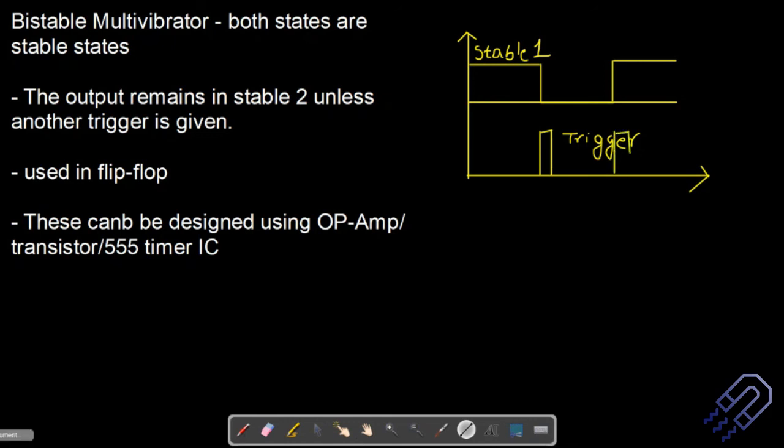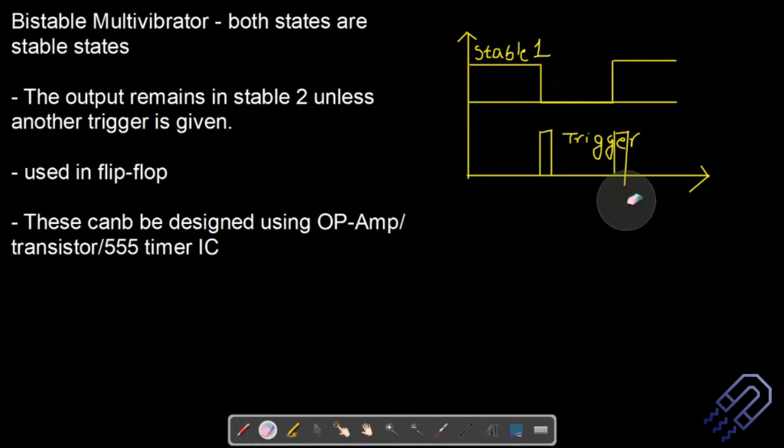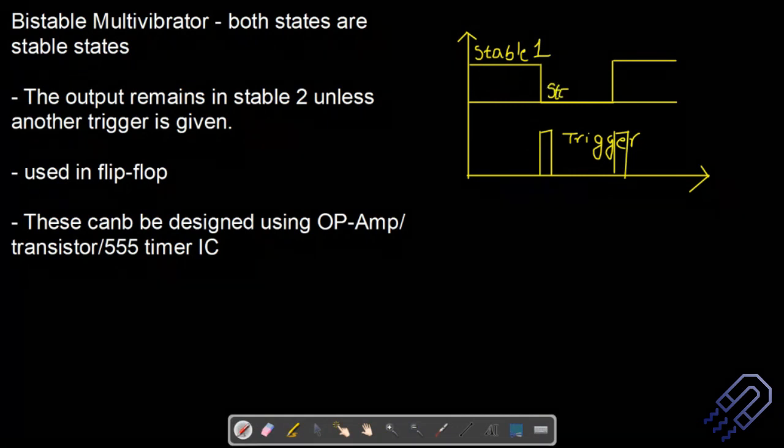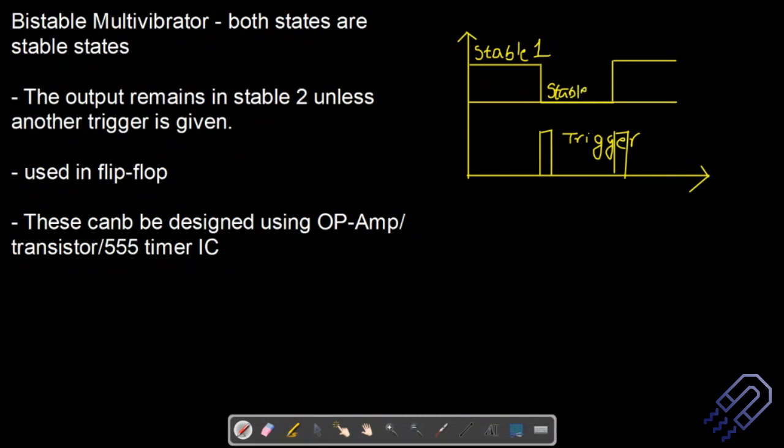Once I apply the second trigger, we have the second transition. So this is stable 1, this is stable 2, this is back to stable 1. So if I want to switch a circuit on and off depending on certain conditions, I can use such multivibrators.